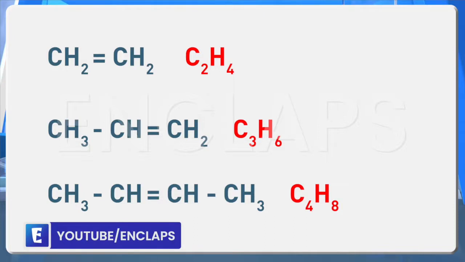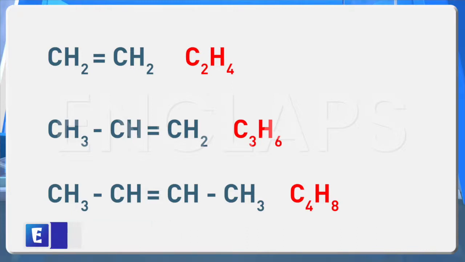Then third one, CH3 single bond CH double bond CH single bond CH3, that is C4H8. Series of alkenes, right?